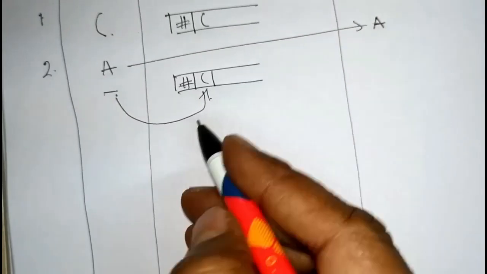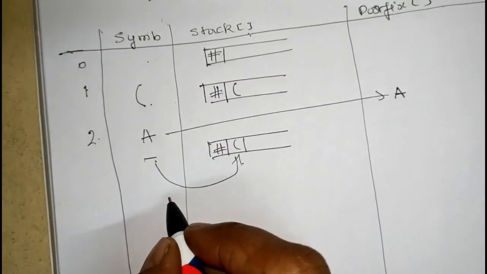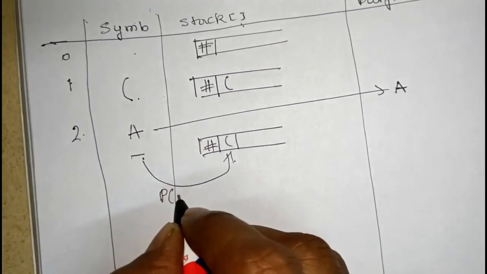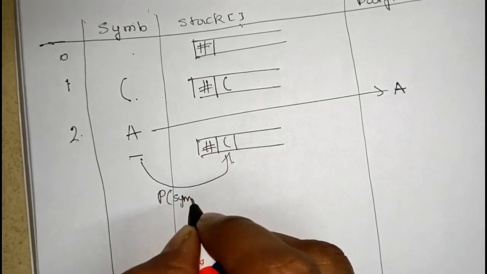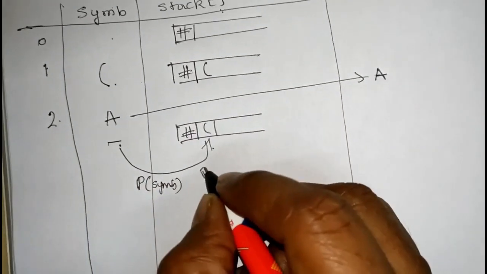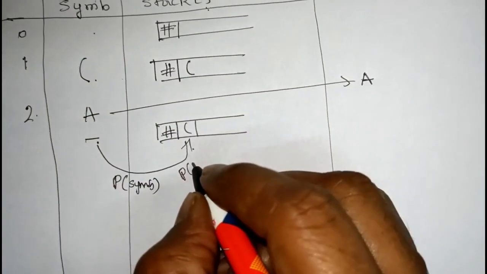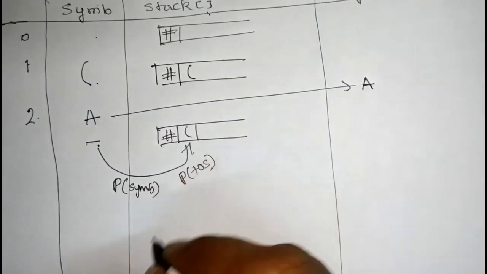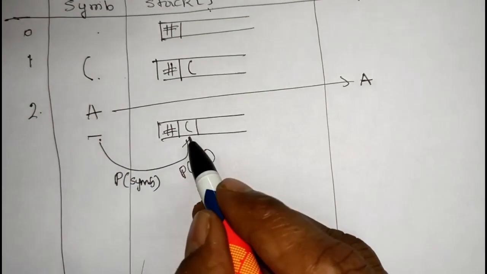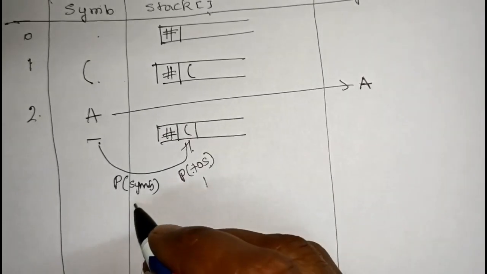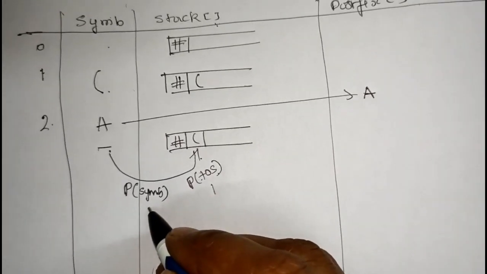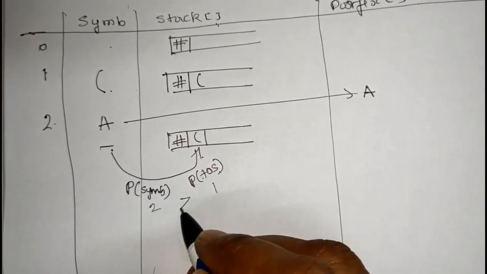The precedence of the symbol should be compared with the precedence of the top of the stack. So what is the top of the stack? That is 1, and the symbol is 2. So 2 is greater.